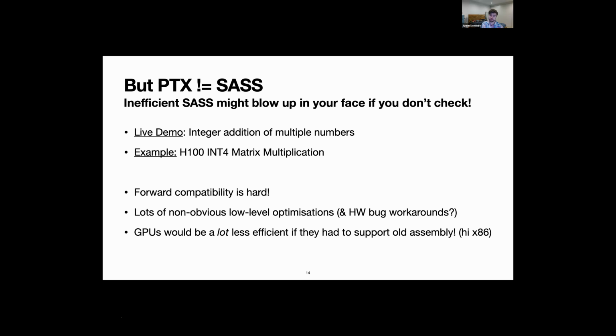But all of this is a good thing, because if we didn't have this whole JIT approach to compiling GPU code, we'd have the same mess that x86 has. The G80 instruction set was interesting and has some really cool parts to it, but if we were stuck with the G80 instruction set from 2006, I think we'd lose a lot of efficiency.